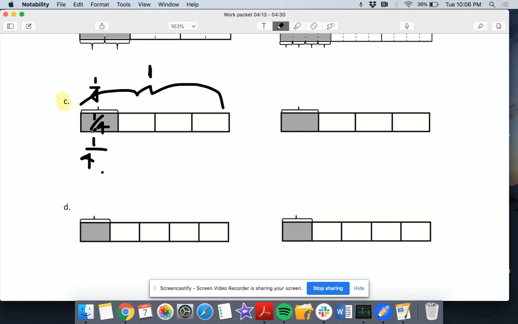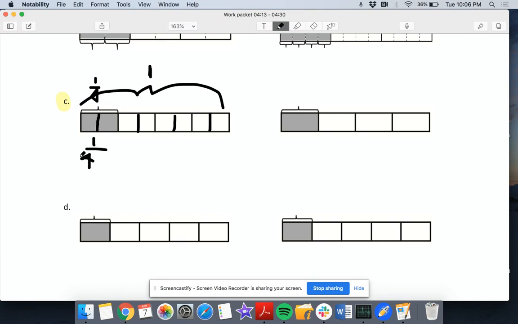Now, how can I rewrite this in a different way? We could say that 1/4 is just equal to 1/4, right? But how can I decompose it in a different way? Well, I could just divide down the middle amongst each box.